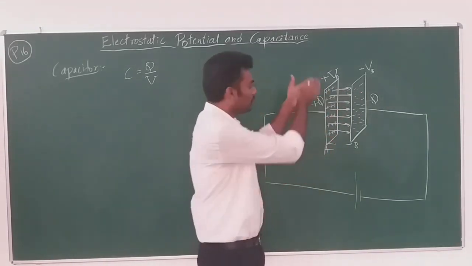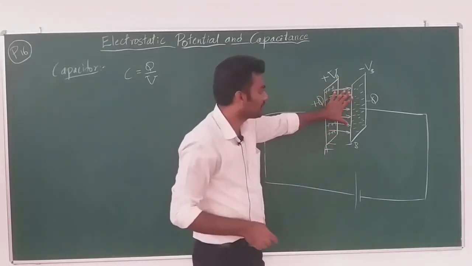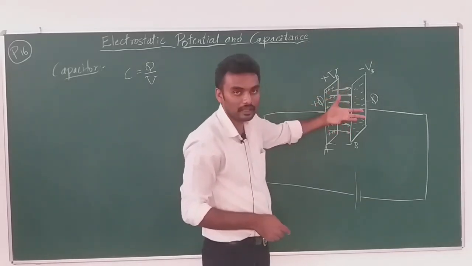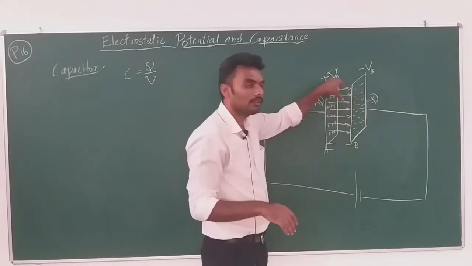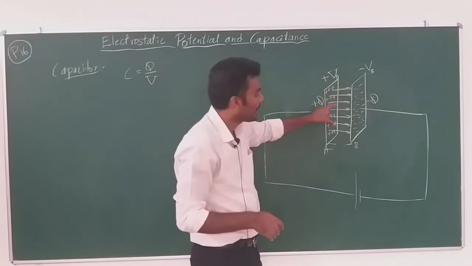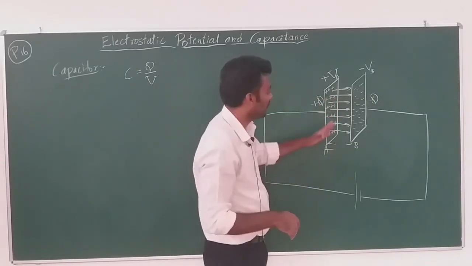You have two plates separated by a certain distance, obviously. That separation of the plates should be filled either by air, or kept empty, or filled with a certain dielectric. We will see why it should be filled afterwards. But now let us assume it is filled with air, or kept empty.